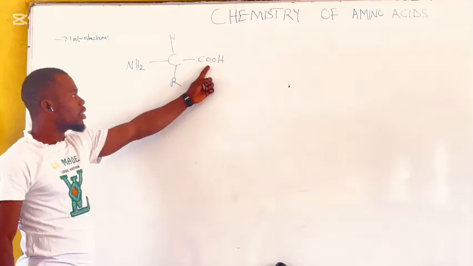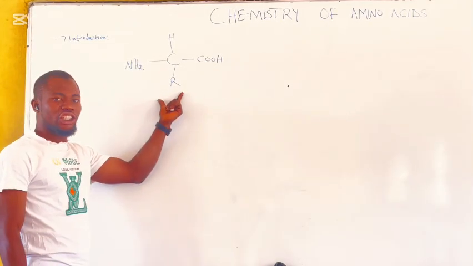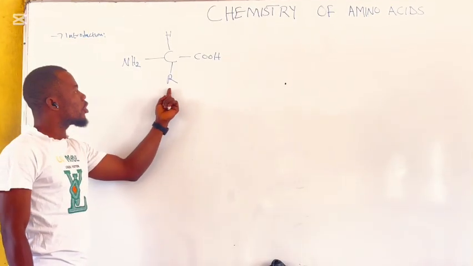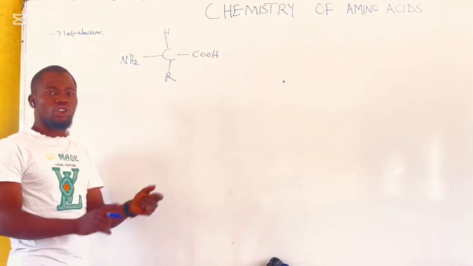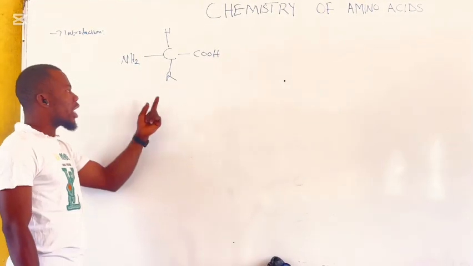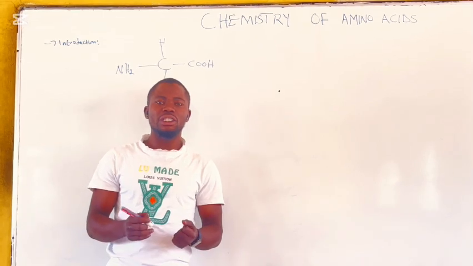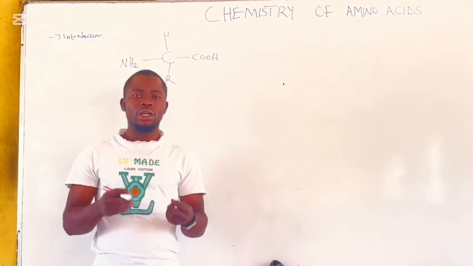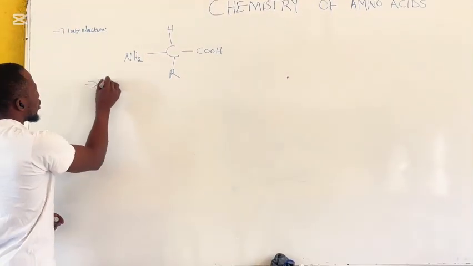Amino acids differ from one another only in this side chain, because the side chain differs in structure, polarity, as well as size. There are about 300 amino acids, but 20 amino acids are the commonly occurring amino acids found in protein, and those are referred to as standard amino acids.